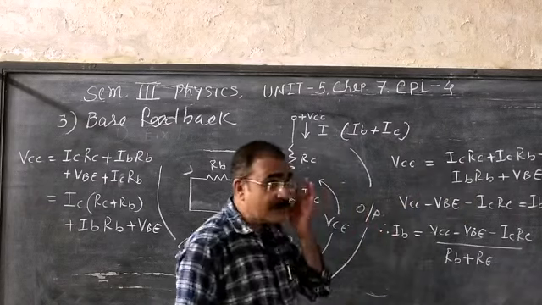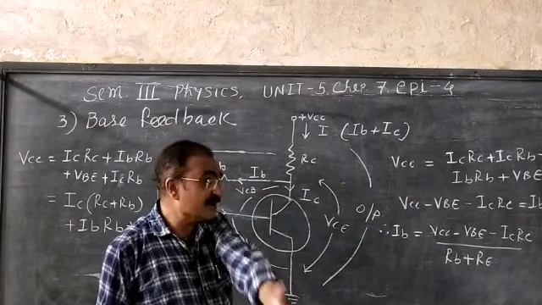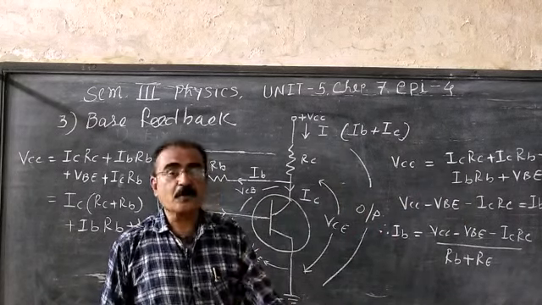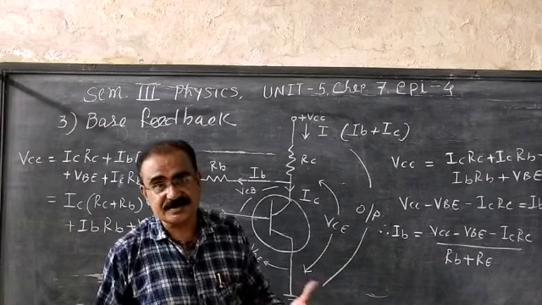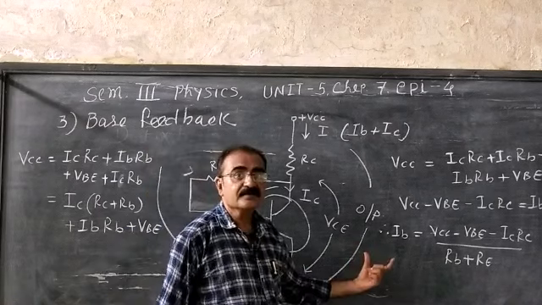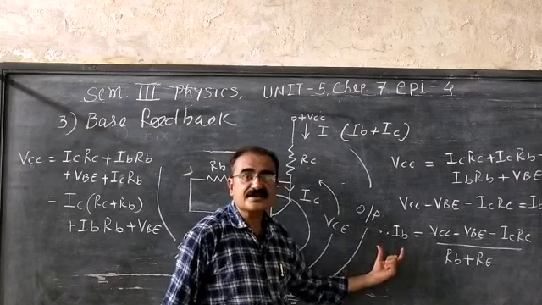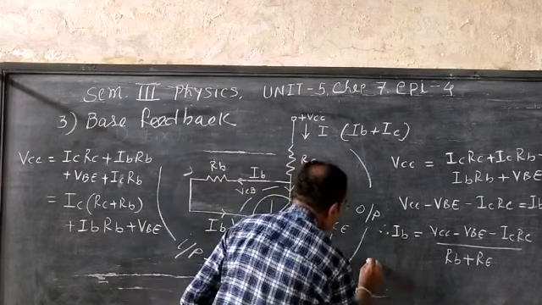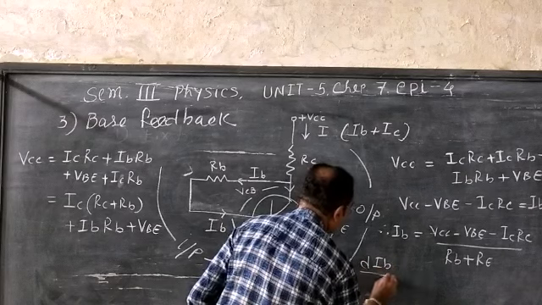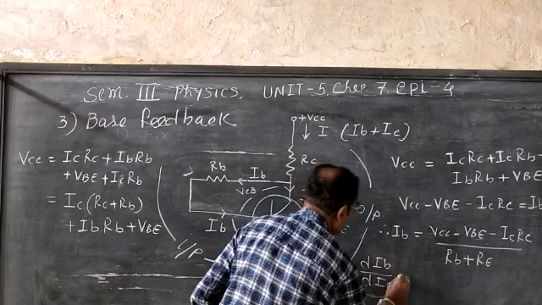Now we have clear cut the IB, and our stability equation is based on the change in IB with respect to IC. So obviously we will take the derivative of this equation with respect to IC. So this is DIB upon DIC.